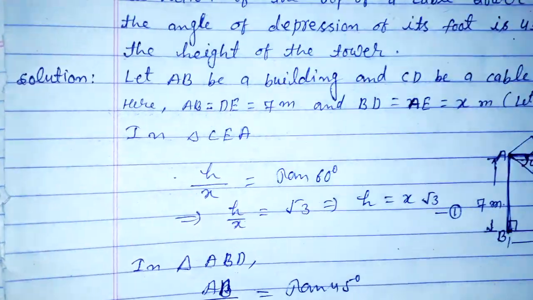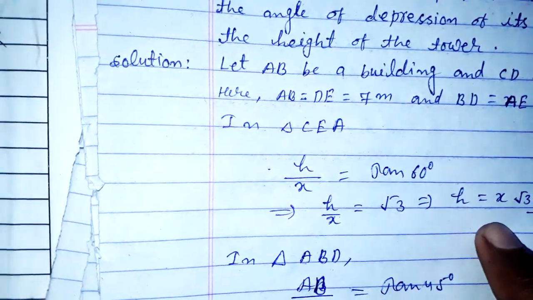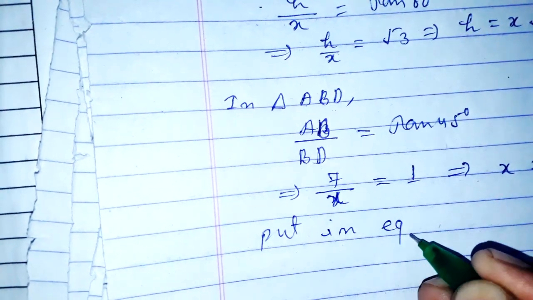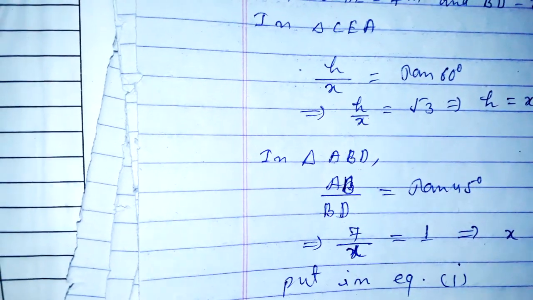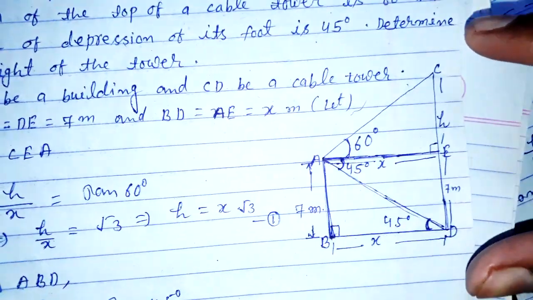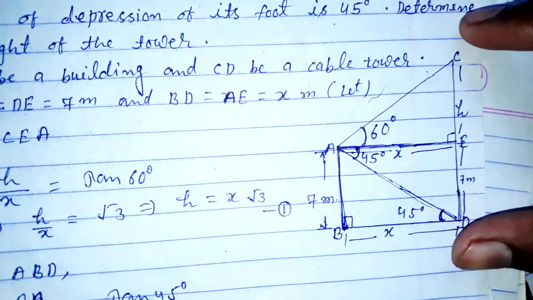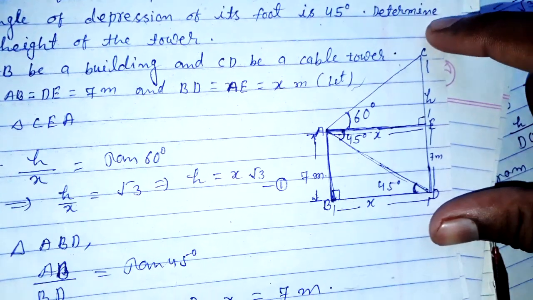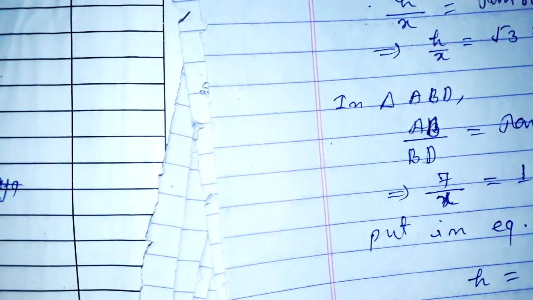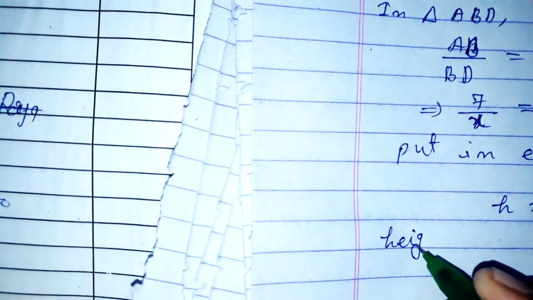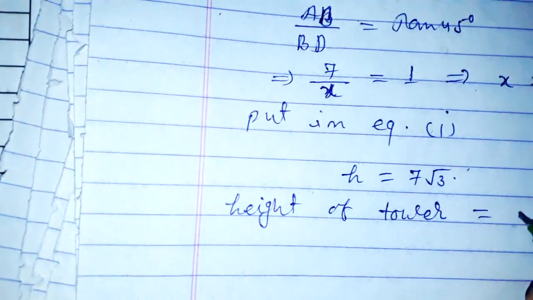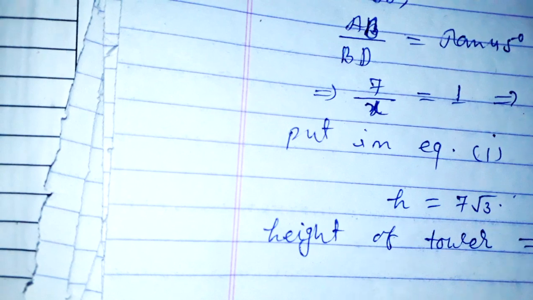So here put the value of x in the first equation. So h is equal to 7 root 3, and the complete height of the tower is h plus 7. So the height of the tower is equal to CD.